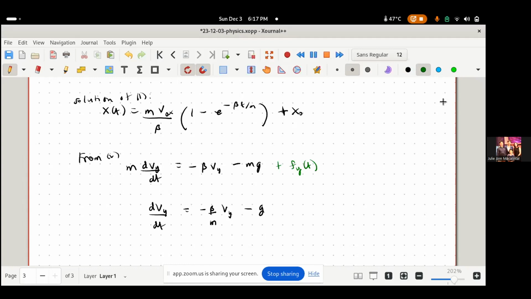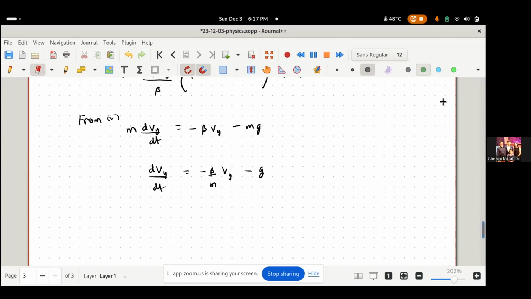The method will work even if you have that additional term, an arbitrary function of time, as long as it can be integrated. First, I'm going to move all the vy terms to one side.